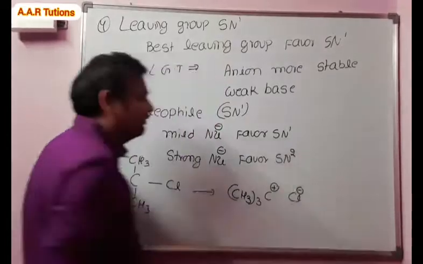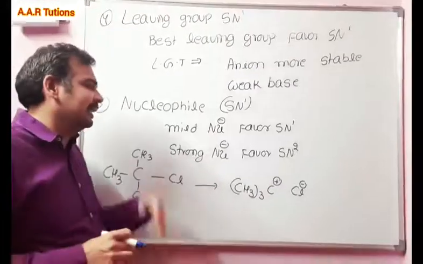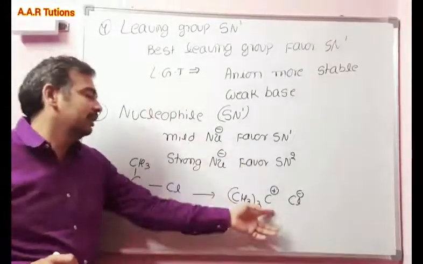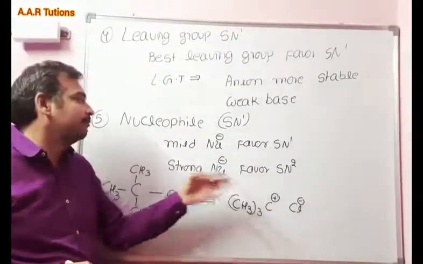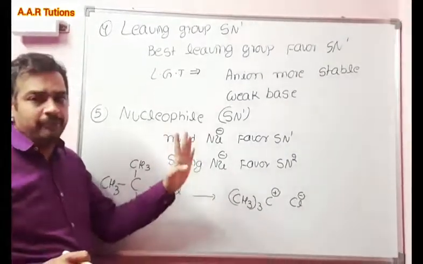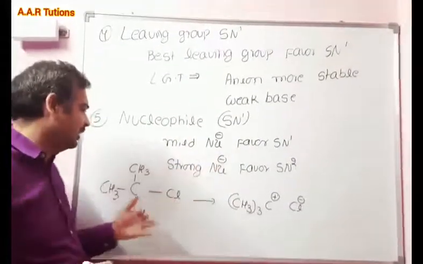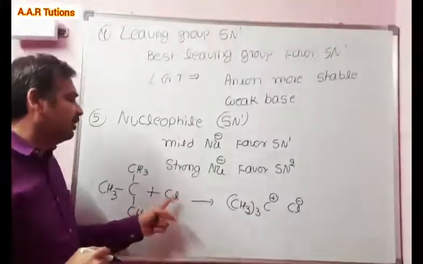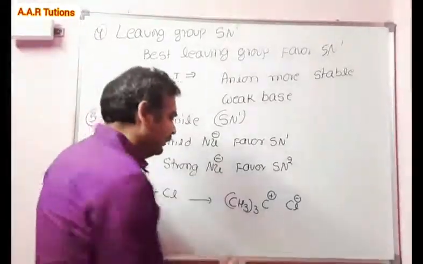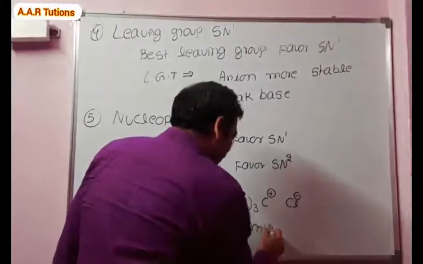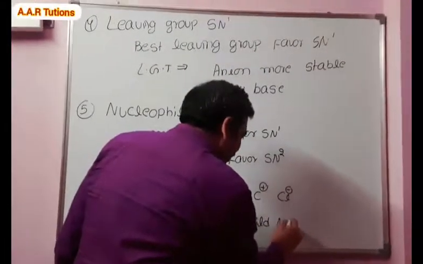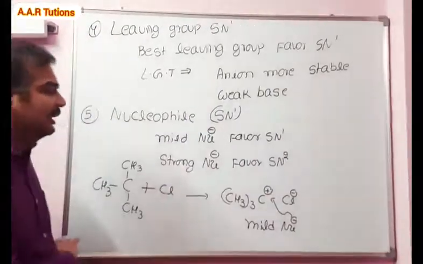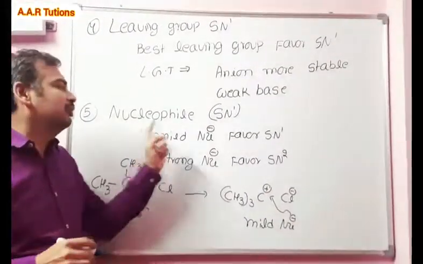After formation of the carbocation, in the next step, the nucleophile will attack on this carbocation. If we are using a mild nucleophile, the first step is as usual formation of the carbocation, and the mild nucleophile will attack at the carbocation and we get the final compound, so we get the SN1 reaction.